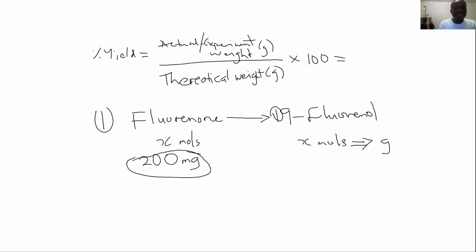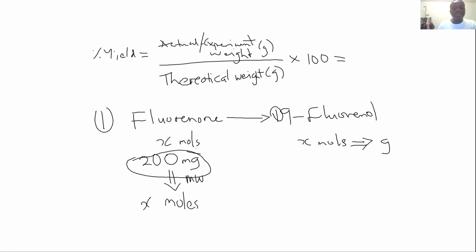You have to convert this into moles. Don't forget that this is in milligrams, so you convert it into grams first, and then using the molecular weight of fluorenone, you convert the 200 milligrams into number of moles of fluorenone.